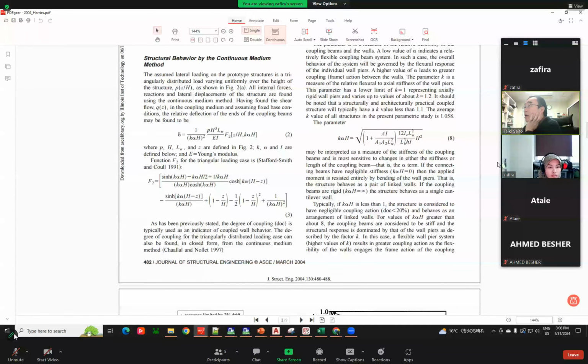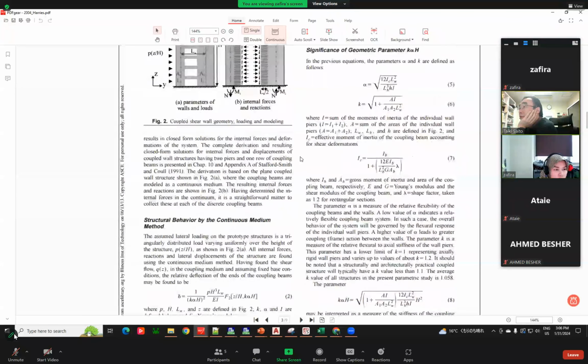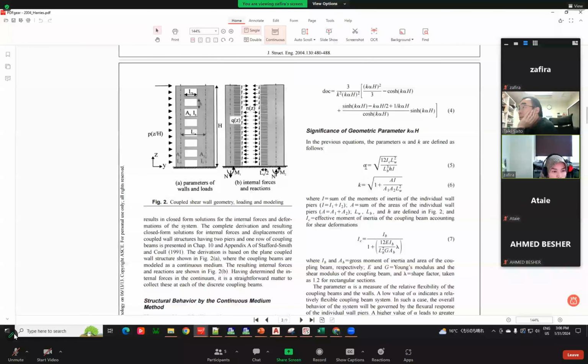So the left part is K multiplied by alpha multiplied by H. There are three parameters. Yes. And K is what? K should be the stiffness of the beam. Stiffness of what? This one. So it's a geometric parameter.